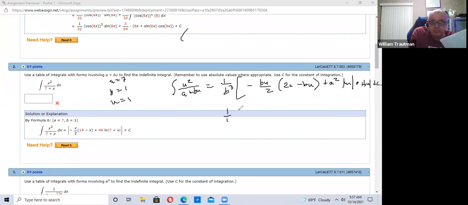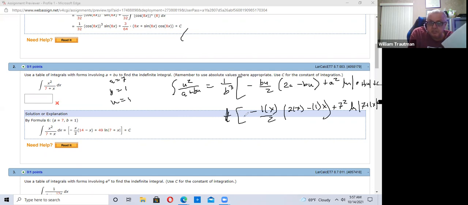If b is 1, we end up with this minus 1 times u, and u is x over 2. 2 times a, 2 times a is 7, b is 1, x is u, plus a once again is 7 squared, natural log of a, which is 7, plus bu, b is 1, and u is x.